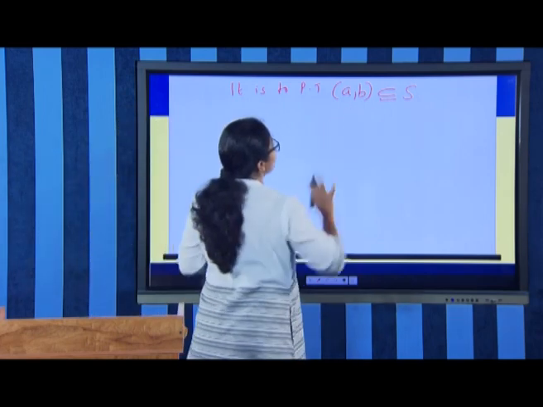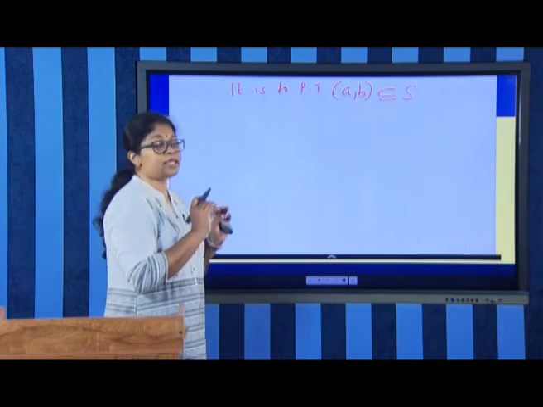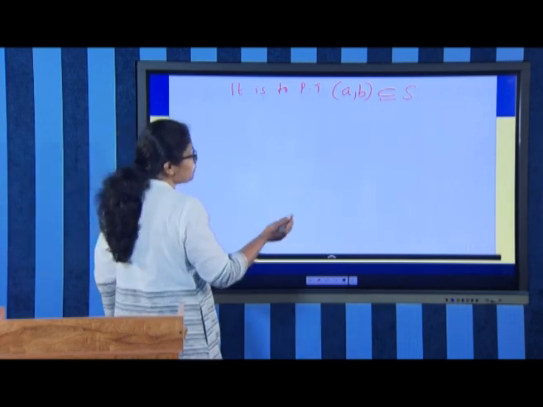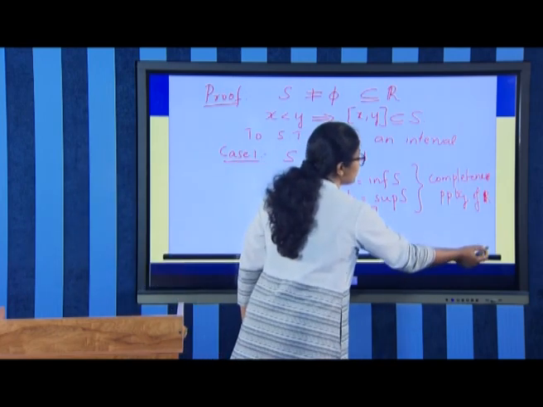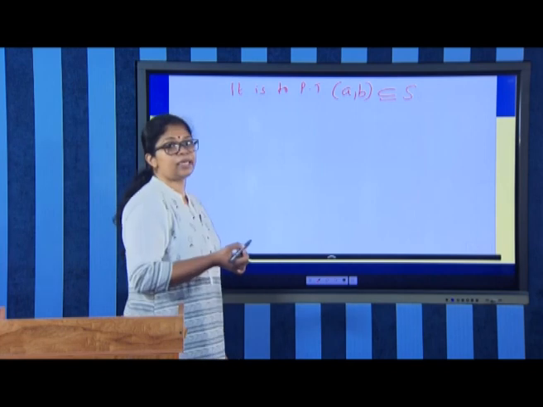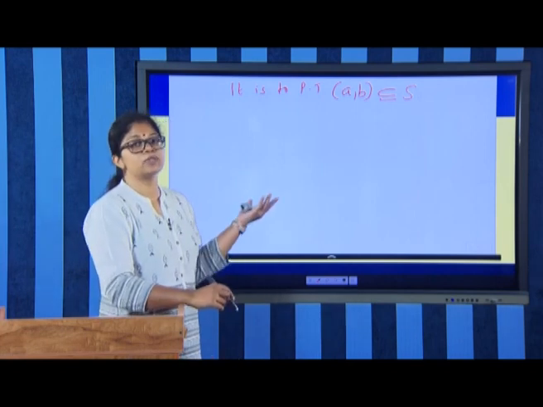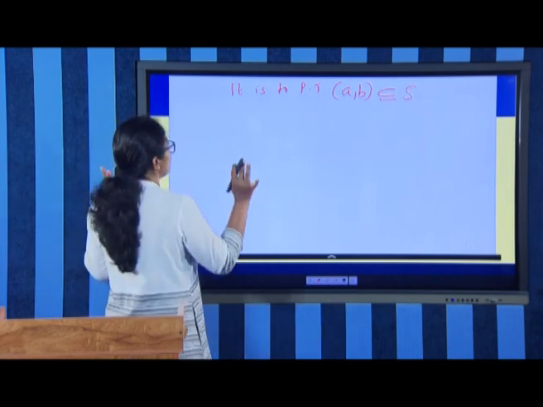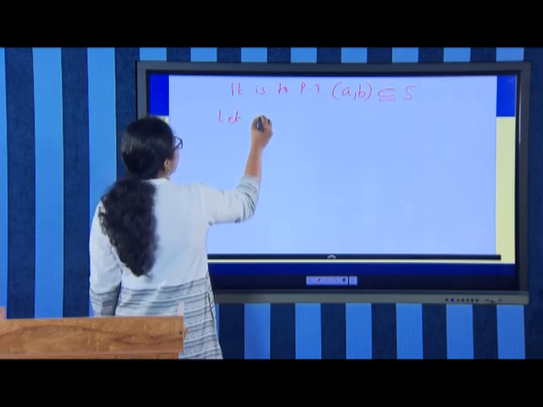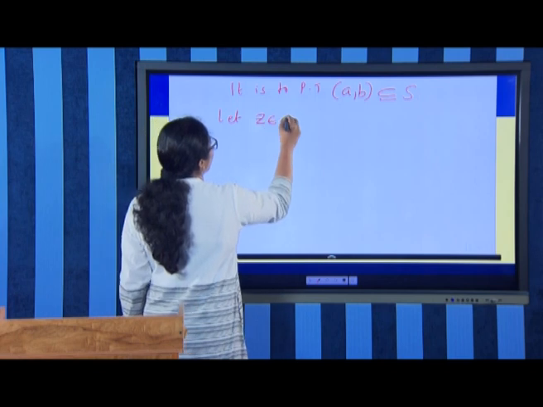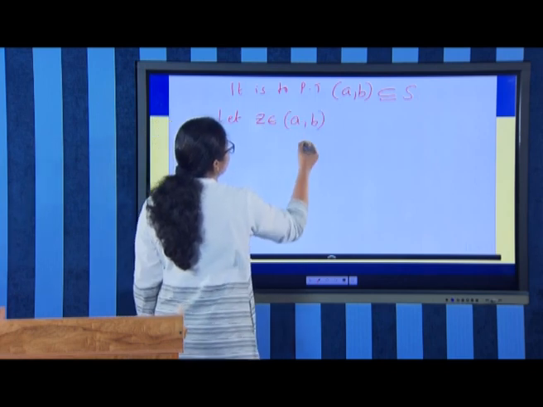We have now S contained in the closed interval [A, B]. If we are successful in showing that the open interval is contained in S, then definitely S becomes an interval with endpoints A and B. So, that is enough. Let us take an element Z of the open interval (A, B).